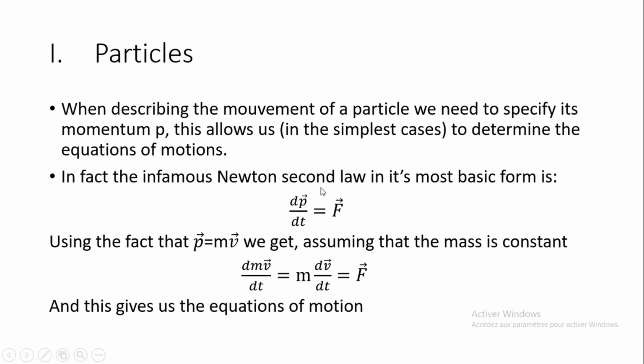We know the basic form that we usually use is m times the acceleration is equal to the forces applied to a particle, but the original form is the derivative of the momentum is equal to F. Using the fact that p is equal to m times v, assuming that the mass is constant, d(mv)/dt equals m dv/dt, which is equal to F, and this gives us the equations of motion as we know in the basics of mechanics.